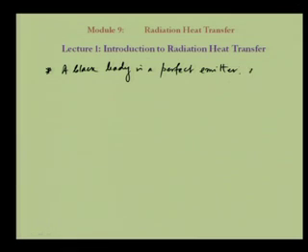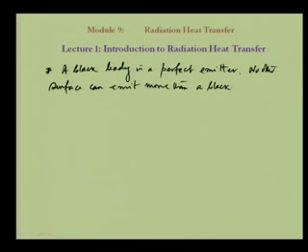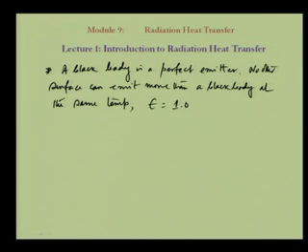So, no other surface can emit more than a black body at the same temperature. Therefore, the emissivity epsilon is equal to 1.0 for a black body.